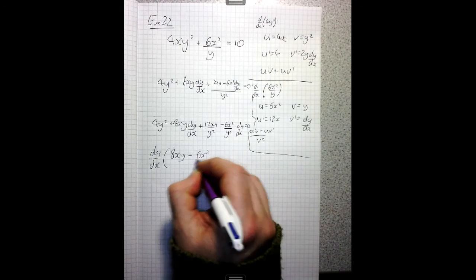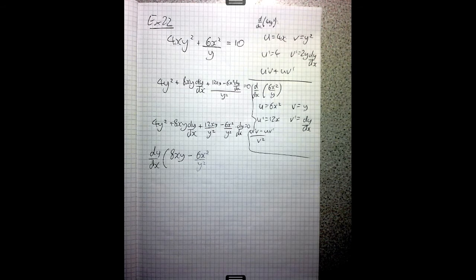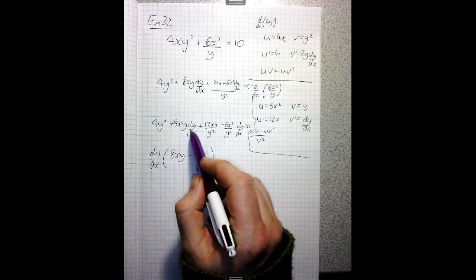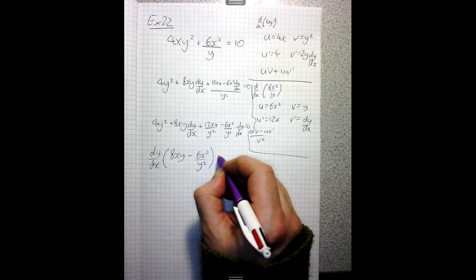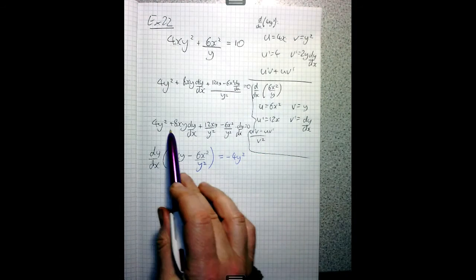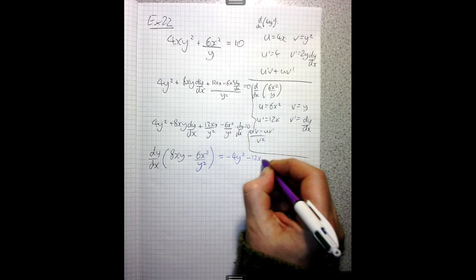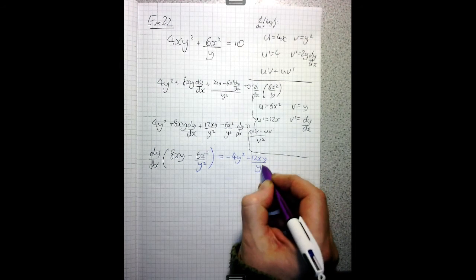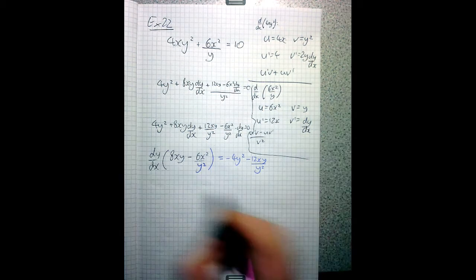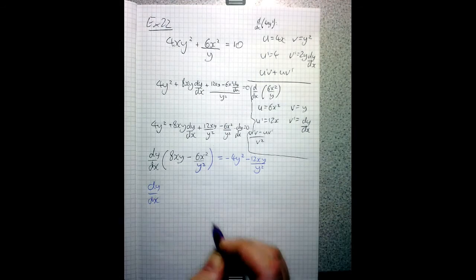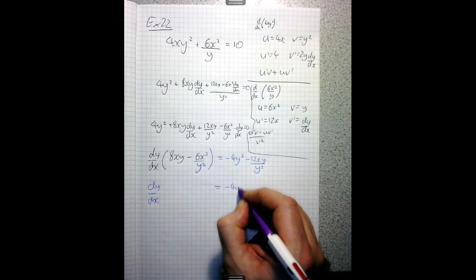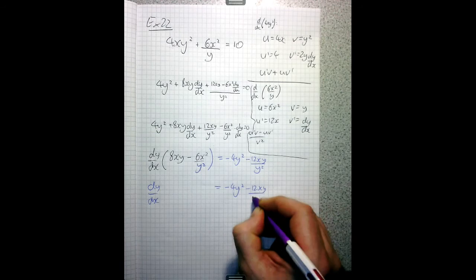Oh, my pen's running out. Let's go blue. Equals, I'm going to take minus 4y squared over and minus 12xy over y squared. dy/dx is equal to this expression.